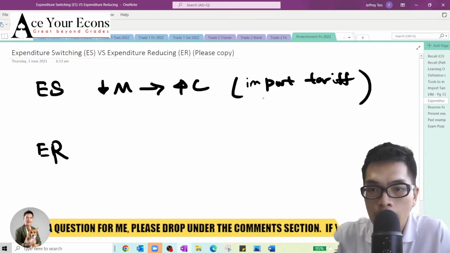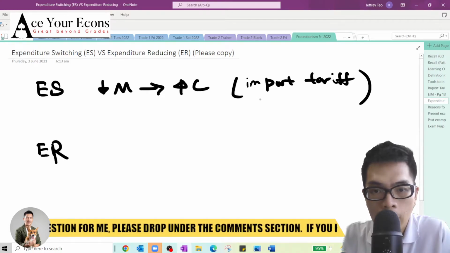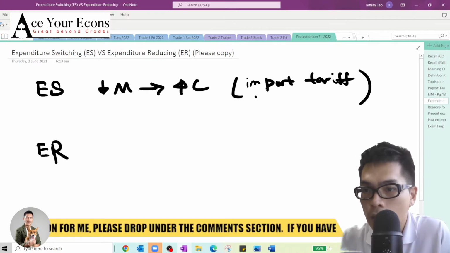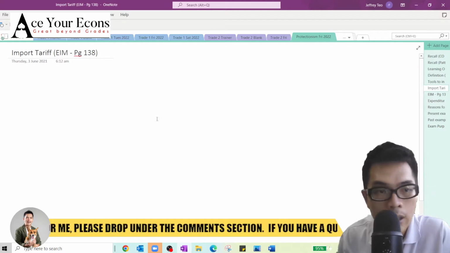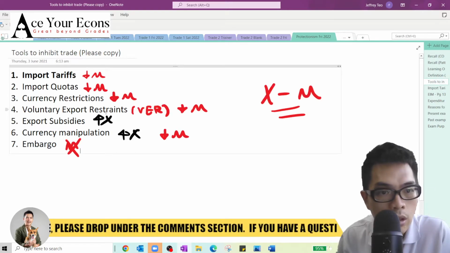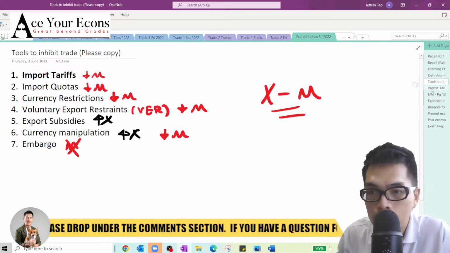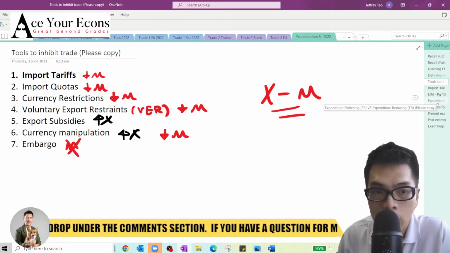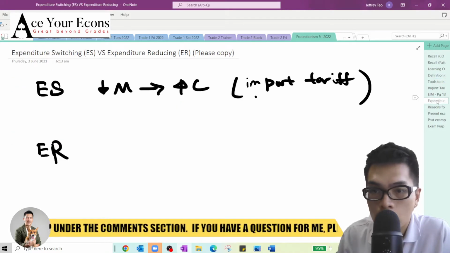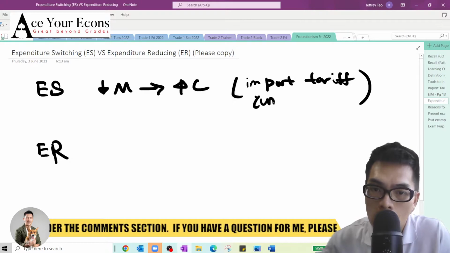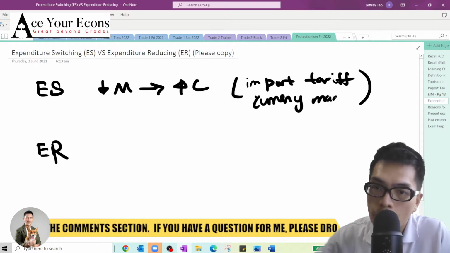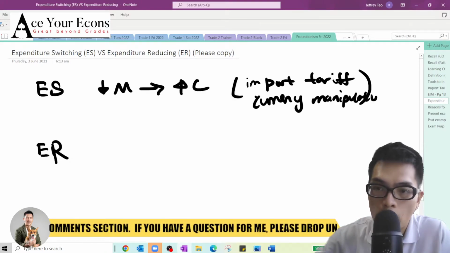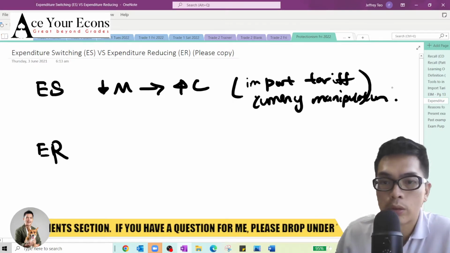Another one that is widely used is currency devaluation. Just now we actually saw this here, currency manipulation. See? Currency manipulation can work out very well in switching, when your imports are going to be relatively more expensive than your consumed domestic goods.